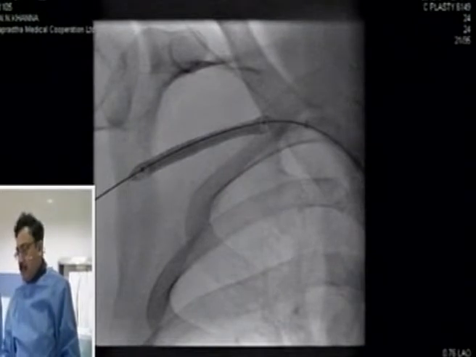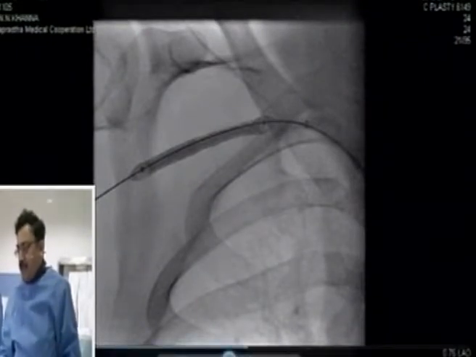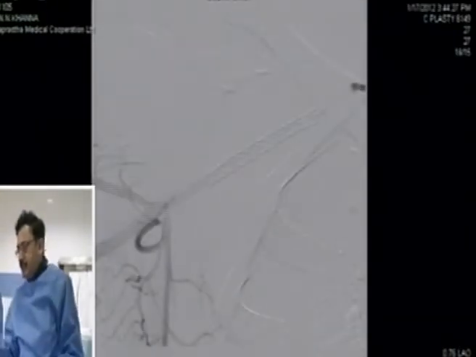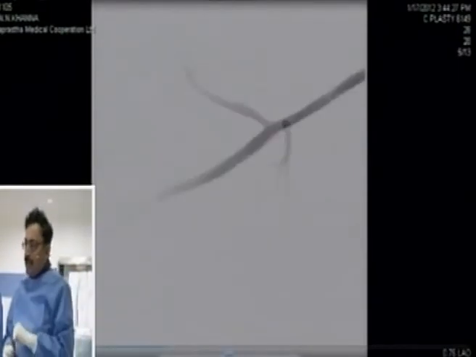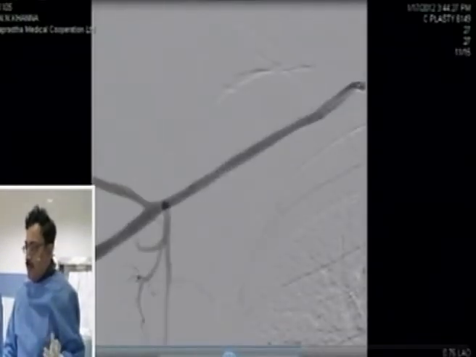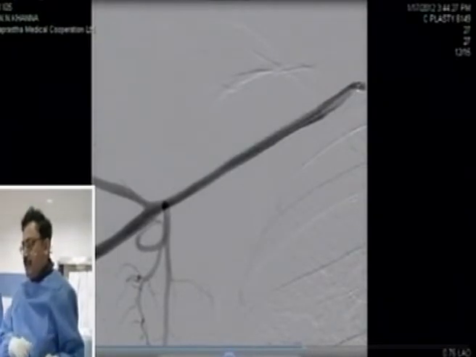But what was more interesting is when we tried to put this covered stent, we were using an Arrow sheath at this point of time. The Atrium stent could not be crossed across into the sheath. We really had a hard time getting this Atrium stent out, and we had to push the whole assembly beyond the occlusion into the axillary artery, and then pull back the sheath.